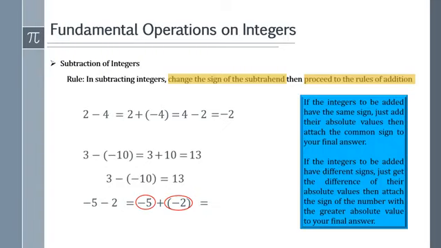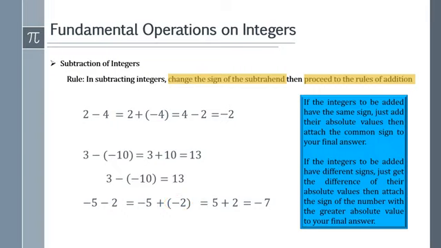Rule number 1 says if they have the same sign, add their absolute values. The absolute value of negative 5 is 5. The absolute value of negative 2 is 2. Then you add, that is equal to 7. And it says attach the common sign to your final answer. So what's the common sign of negative 5 and negative 2? Definitely that is negative. So you attach it: negative 7.